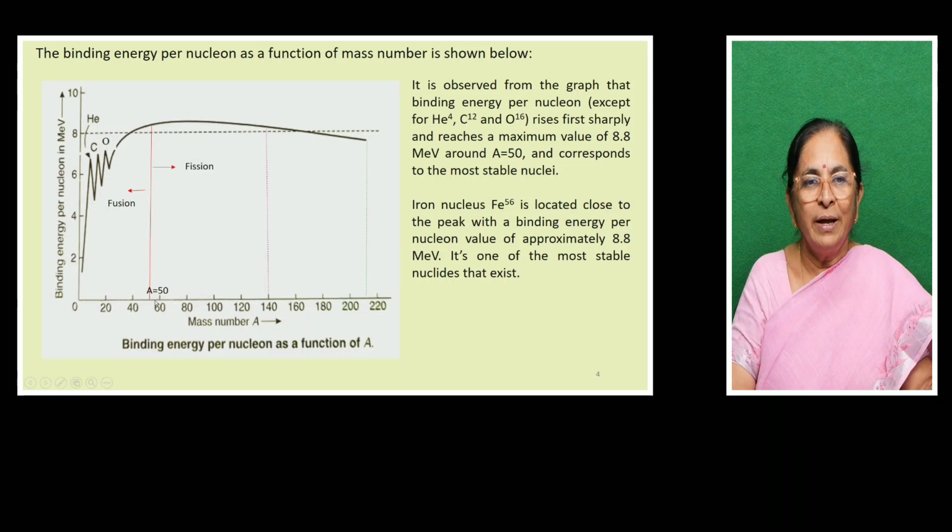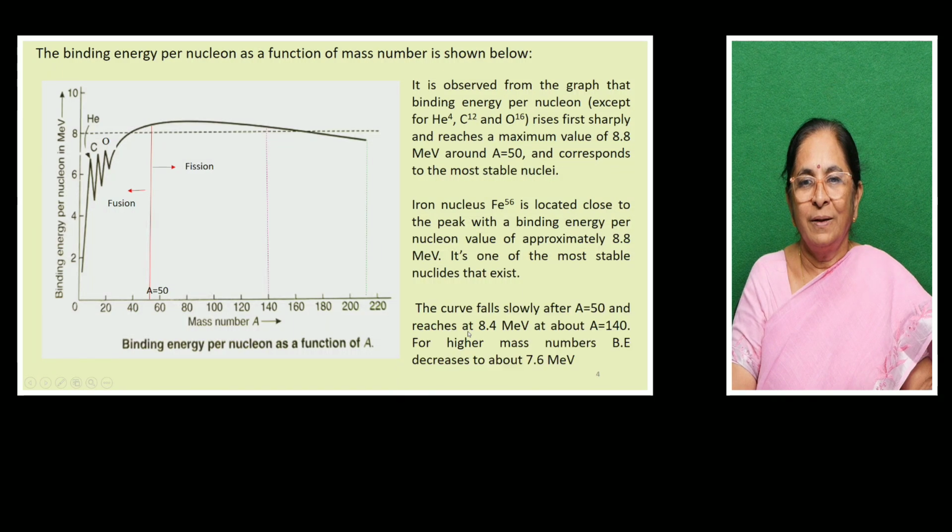So iron is lying closer to this, and we find that iron is one of the most stable elements on earth. That's why while constructing buildings and all, we go for iron material. It is the most stable nuclei that exists.